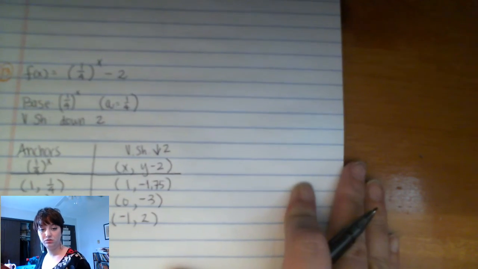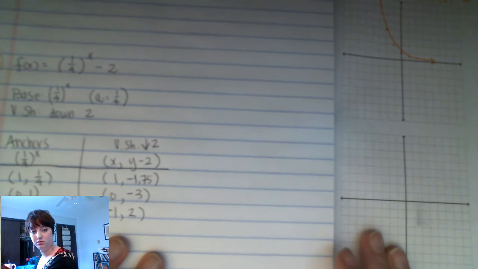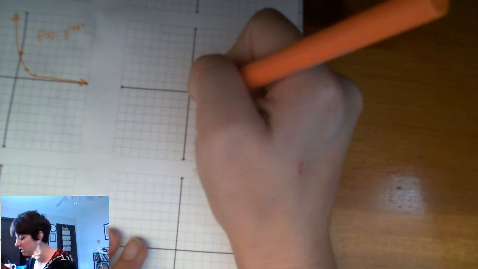So stick those right there. Here's my graph. Can almost get them both on the screen. Okay, 1, negative 1.75. So that means I'm going to go down 1 and then 3/4. So 1, negative 1 and 3/4.